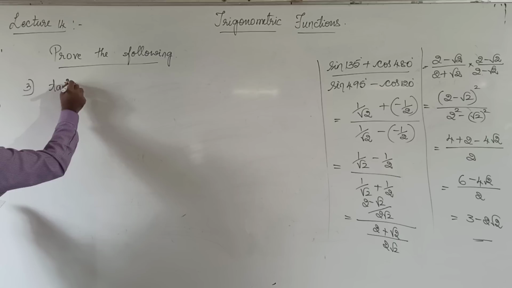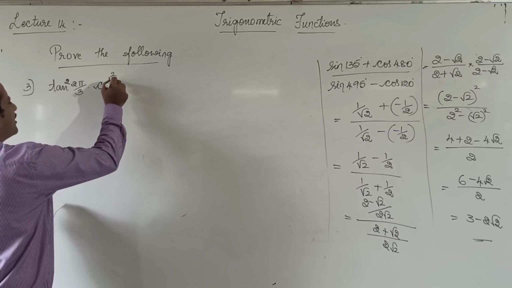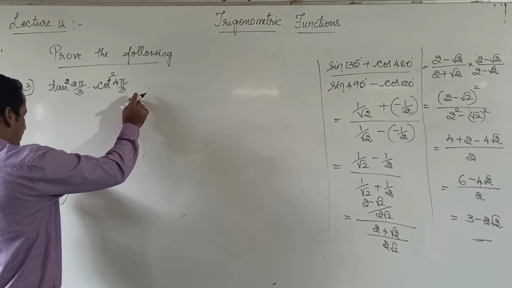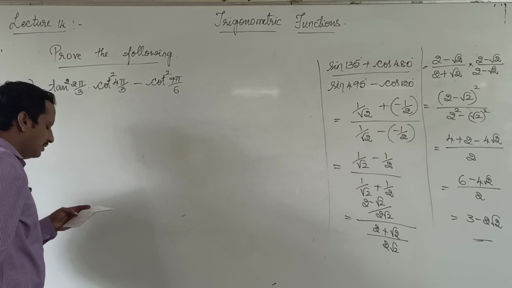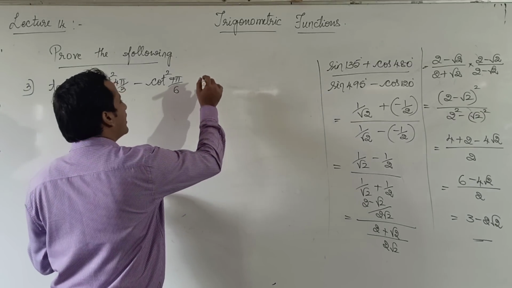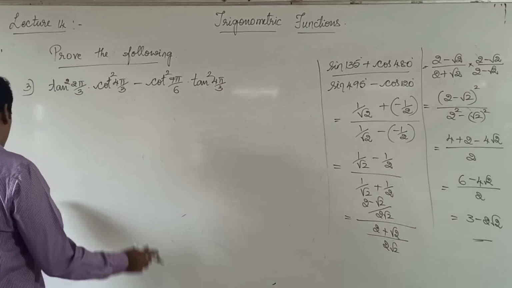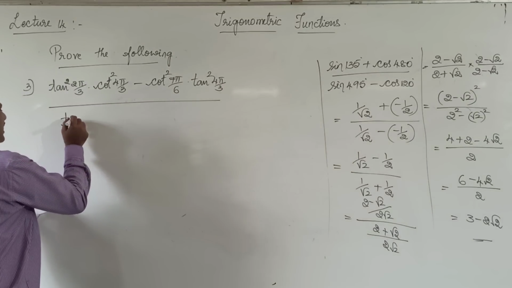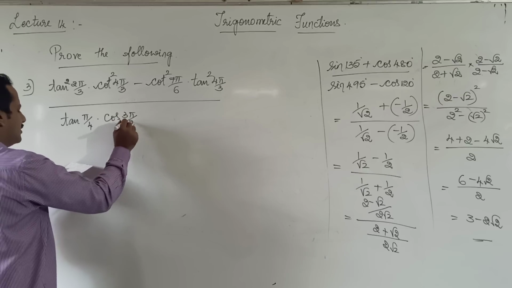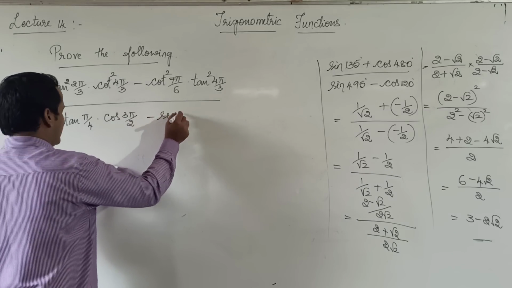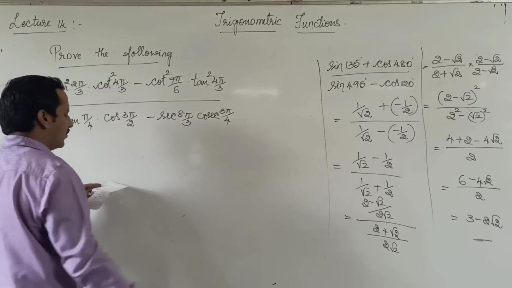Tan square 2 pi by 3 into cot square 4 pi by 3 minus cot square 7 pi by 6 into tan square 4 pi by 3, divided by tan pi by 4 into cos 3 pi by 2 minus secant 8 pi by 3 into cosecant 3 pi by 4.